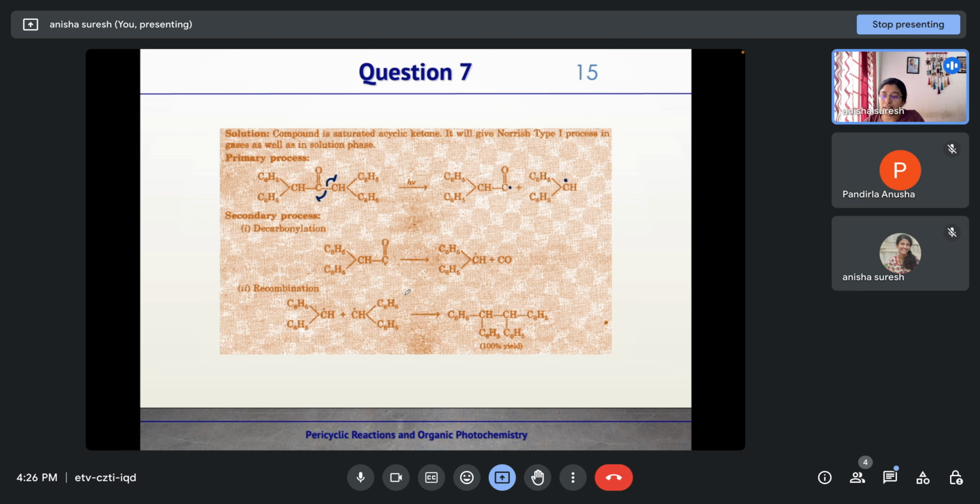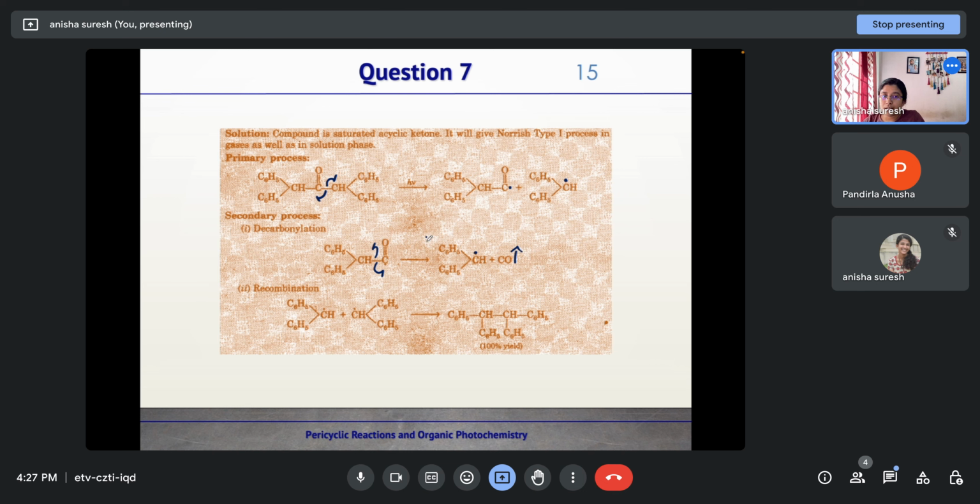It will follow with secondary processes. Secondary processes can be, first, decarbonylation can take place. If decarbonylation is taking place, this bond will cleave, leading to formation of this radical and elimination of CO gas.